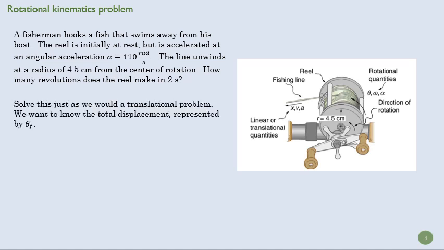So we want to lay out our variables, and they look very similar to our kinematics variables. We want to know theta f, the final position. That's just like x f, so we'll put a question mark there. We'll call theta naught 0, so our initial position is 0.